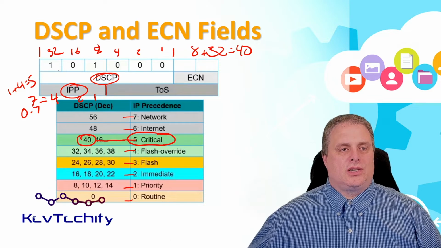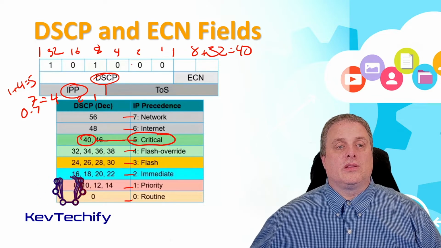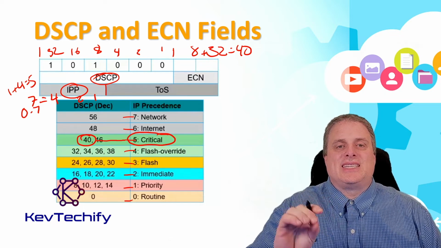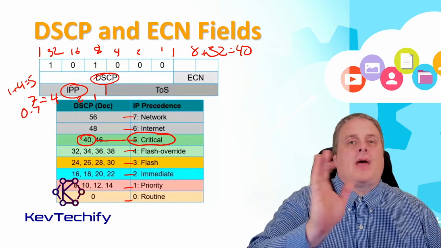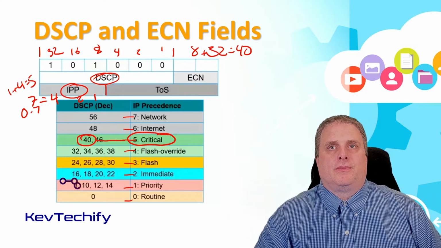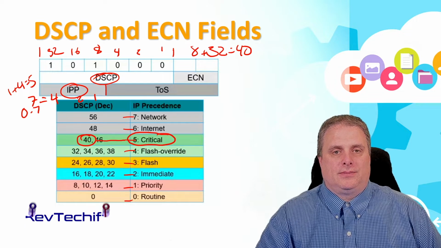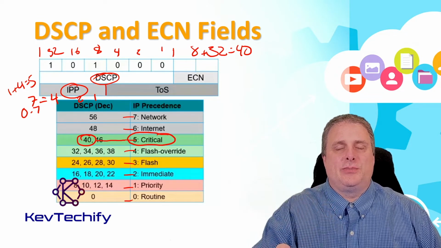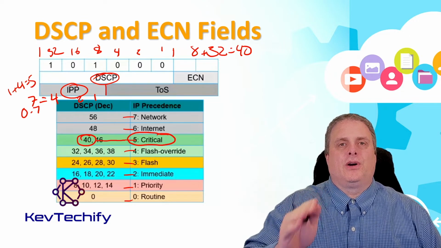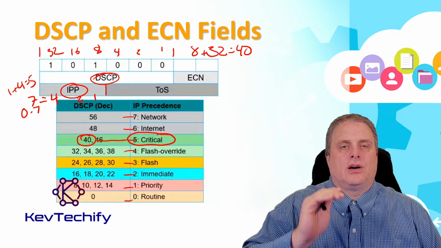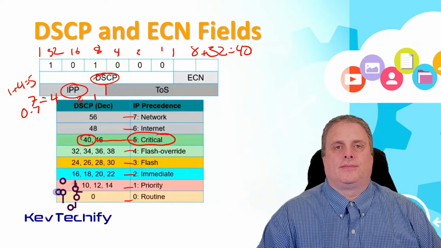They allowed us to have finer control, more different classes using DSCP, but also having it backwards compatible with the IPP, the IP precedence. Since DSCP is 6 bits, there's 64, 0 to 63 different levels of service you can provide.